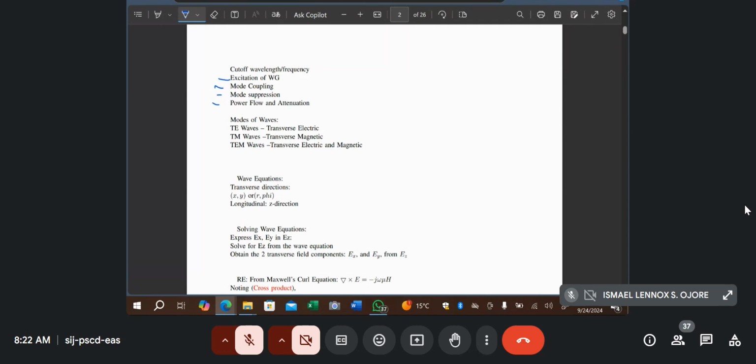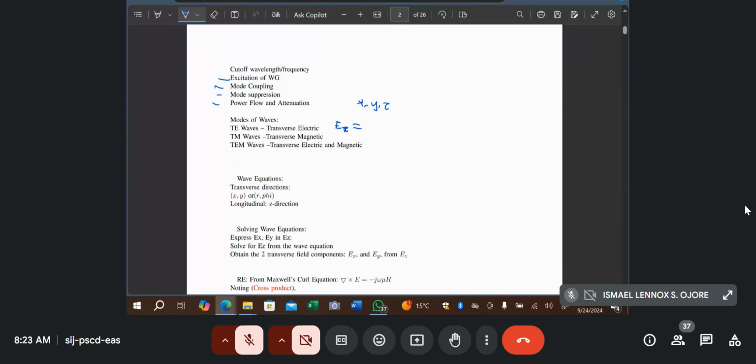So in a transverse electric field here, if you use the rectangular coordinate system, XYZ, then for the transverse electric, what does that mean? It means the amount of E in the Z direction is equal to, can somebody try? 0.